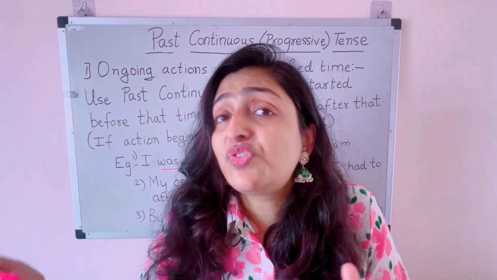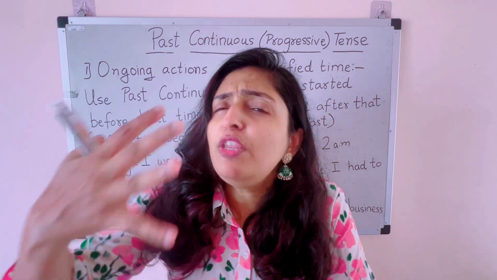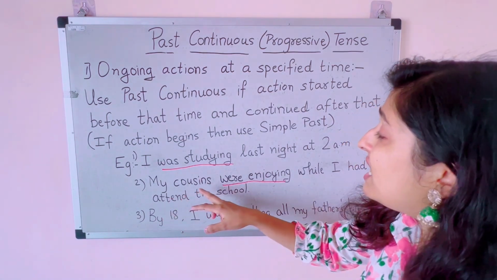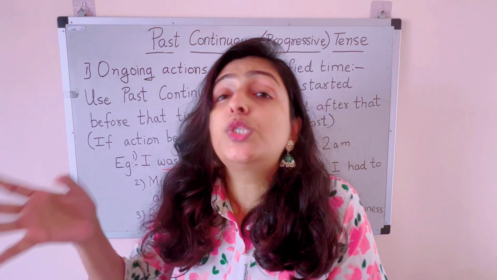The very next day you are supposed to attend the school, and when you reach the school you say to your friends, my cousins were enjoying while I had to attend the school.